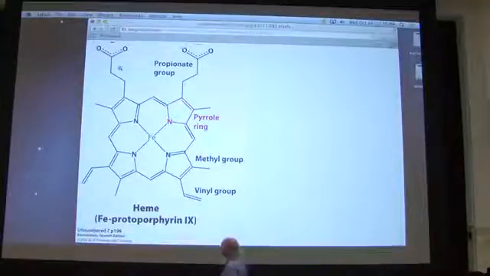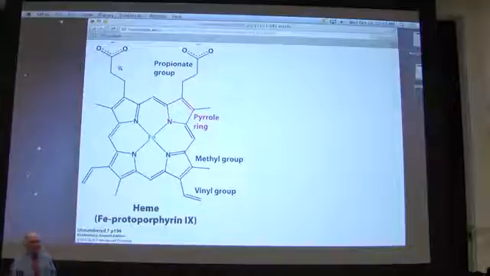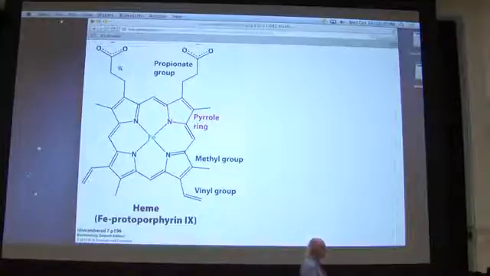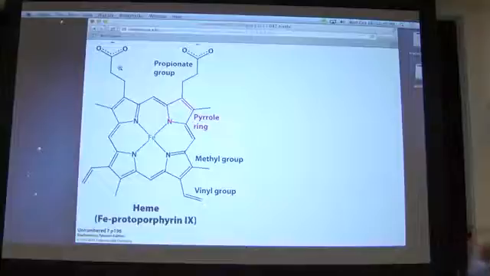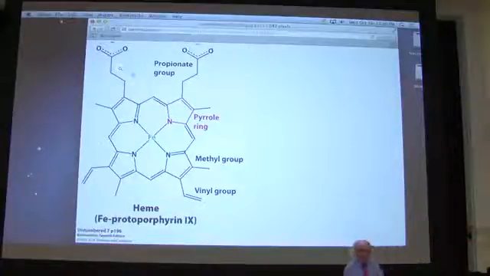This structure also occurs in plants. It's known as chlorophyll. Only in plants, instead of an iron in the middle, they have a magnesium in the middle. Heme and chlorophyll are therefore related. They have very different functions, but they're related.